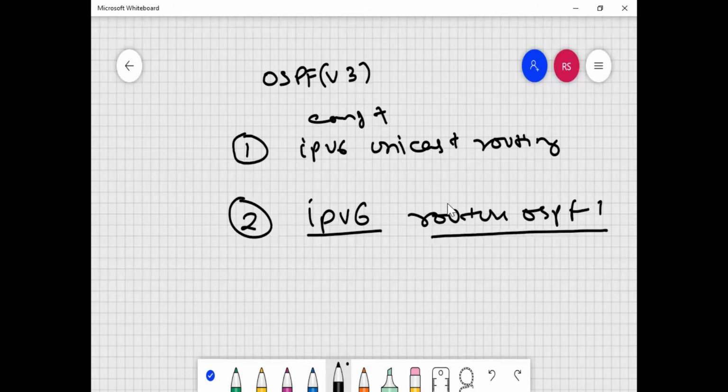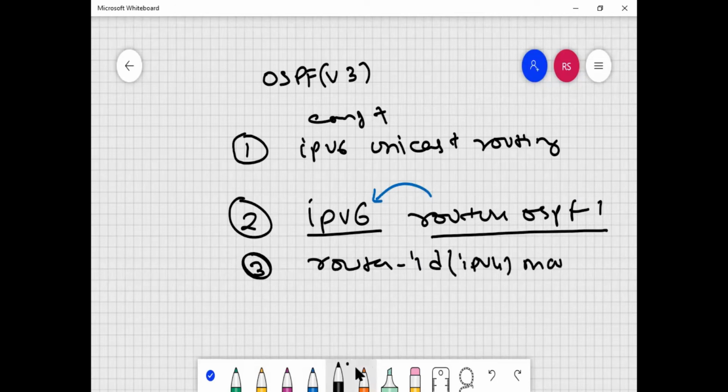Router OSPF 1 we generally add, before that add the keyword IPv6. Third thing, for this router OSPF, the router ID will be IPv4. Configure it manually. Okay, let me write it down.